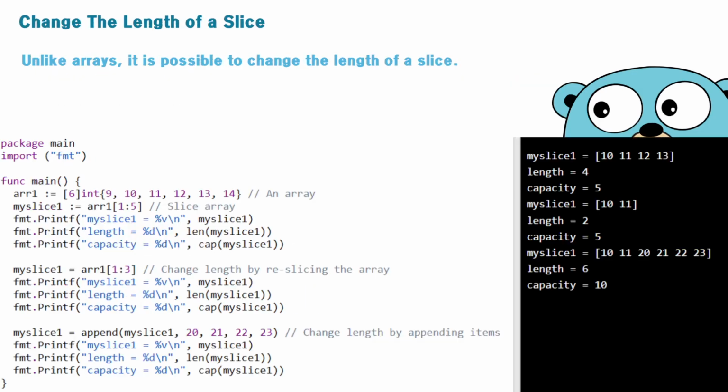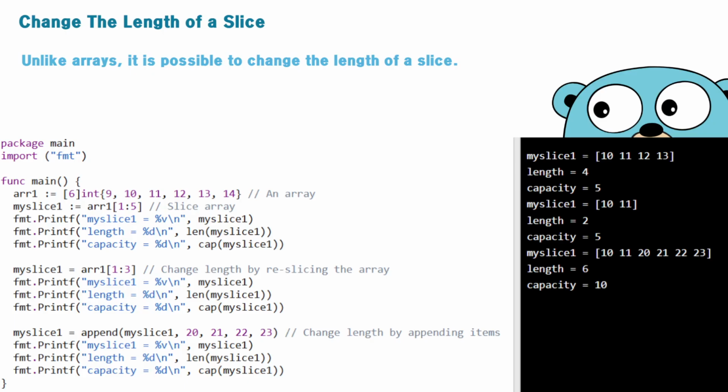Change the length of slice. Unlike arrays, it is possible to change the length of slices. What we want to do is we have created an array, and then we have made a slice out of it, which is starting from index 1 to index 5, but excluding index 5, so till index 4 only.